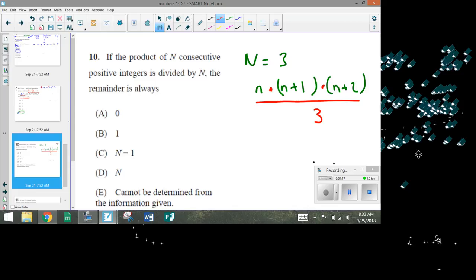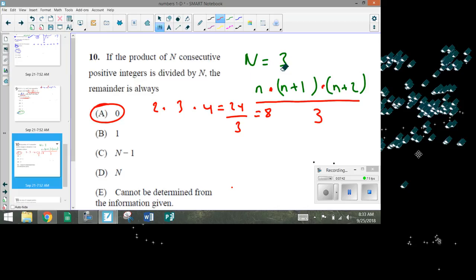let's just give the numbers. n is equal to 3, so the integers are 2, 3, and 4. Product of n consecutive, there are 3. What is the product? It's going to be 24. Divide by 3, it is equal to 8. What is the remainder? And you can choose any other numbers.